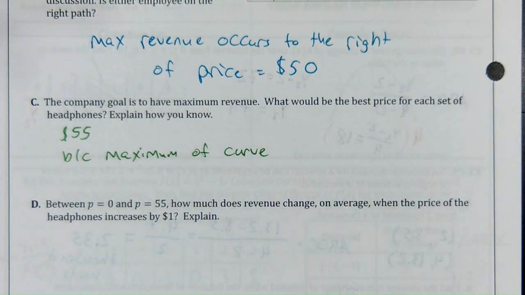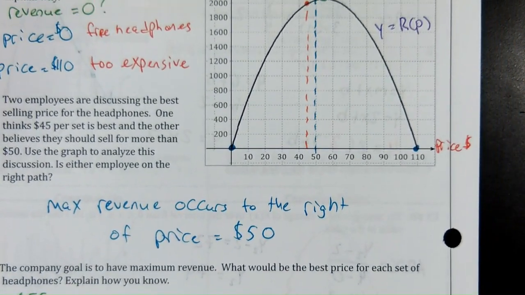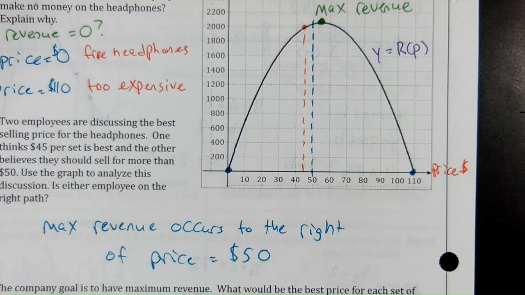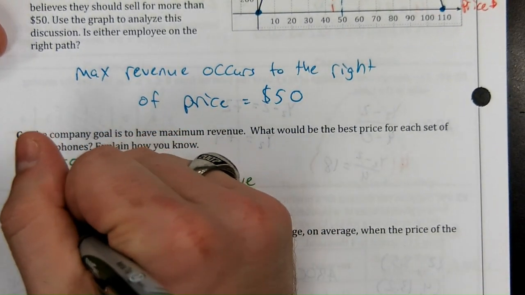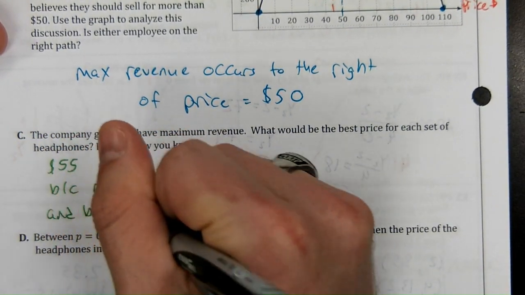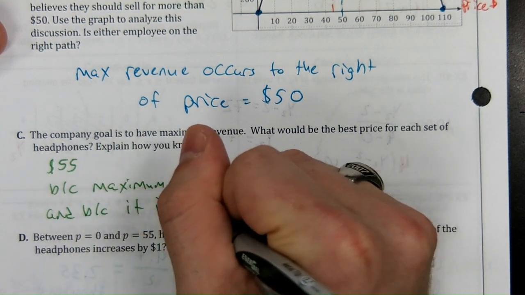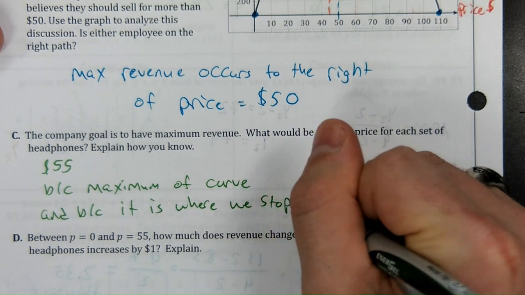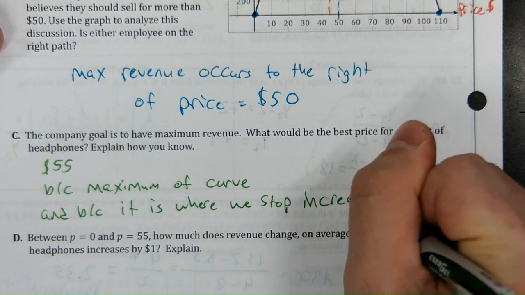Or we could get really technical, and we could say because $55 is where our graph stops increasing and starts decreasing. It's where we stop increasing and begin decreasing.